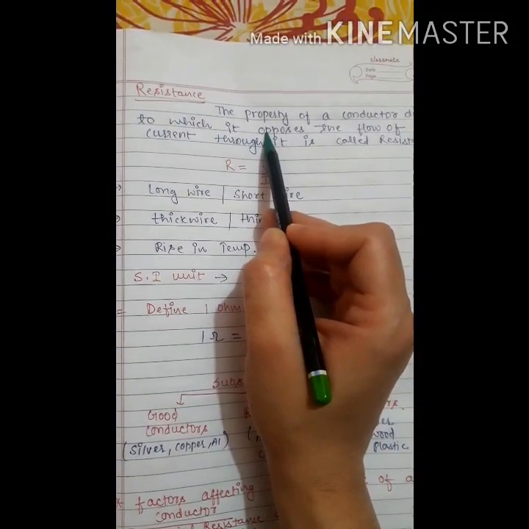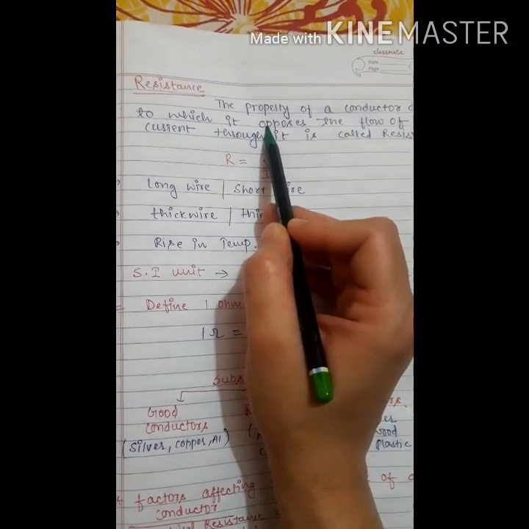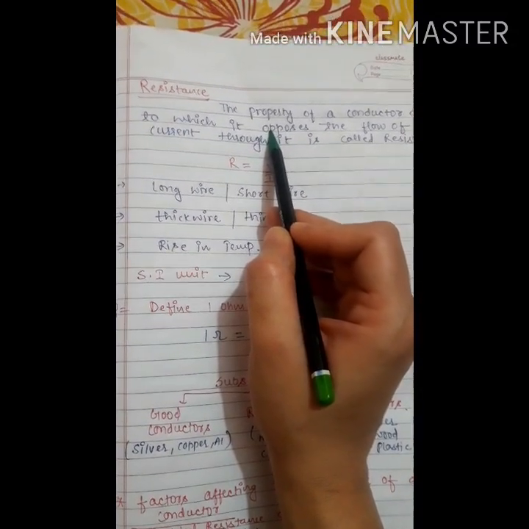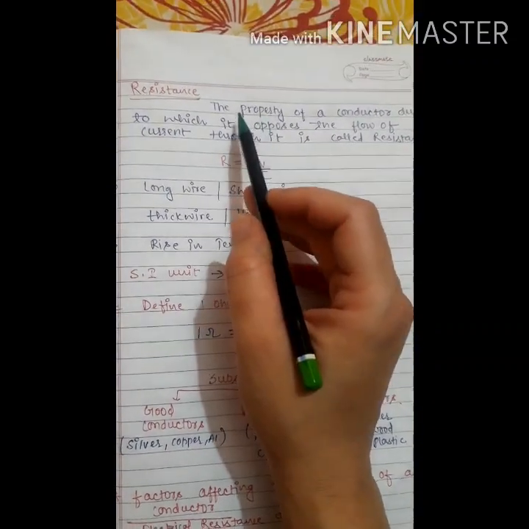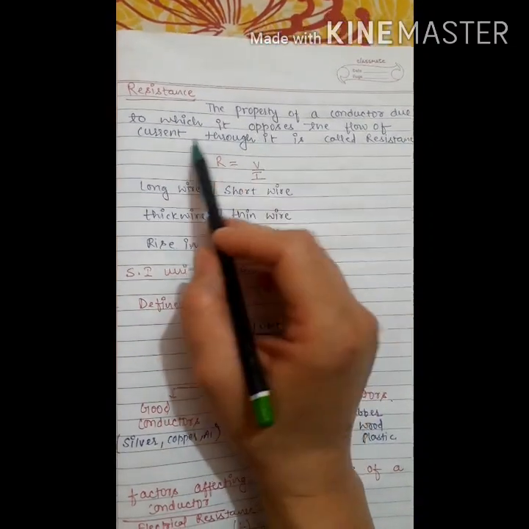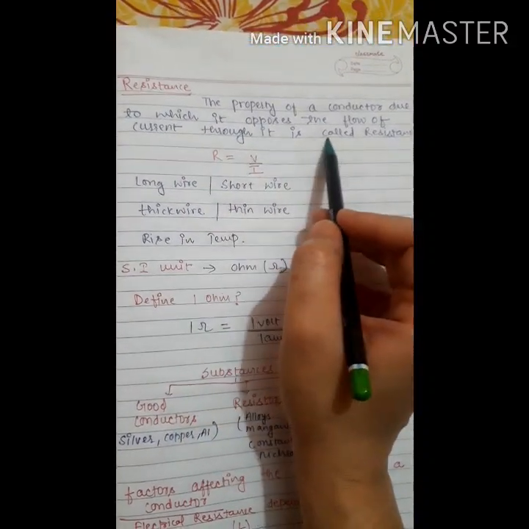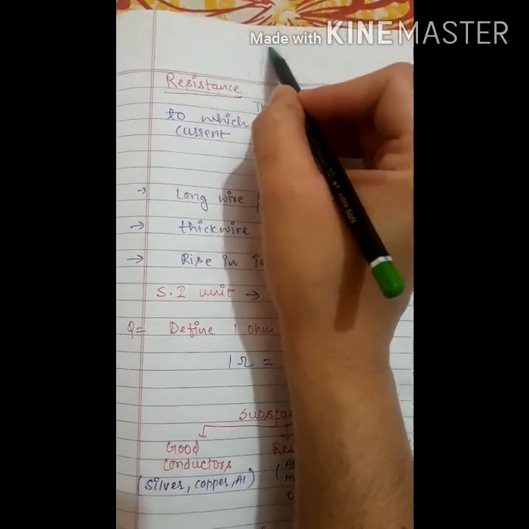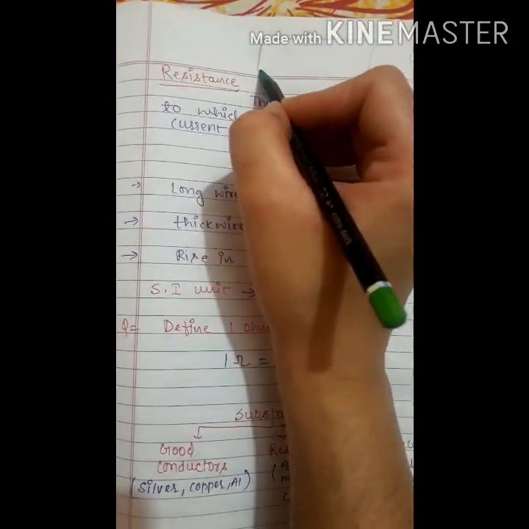Due to these collisions, there is some obstruction or opposition to the flow of electron current through the conductor. The property of a conductor due to which it opposes the flow of current through it is known as resistance. I will explain it by making a diagram.